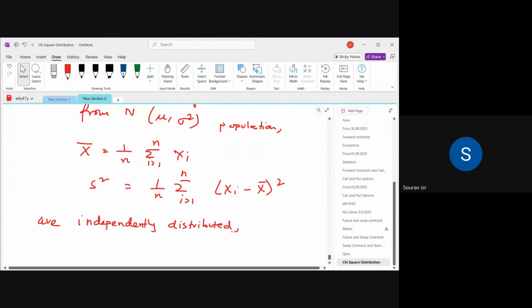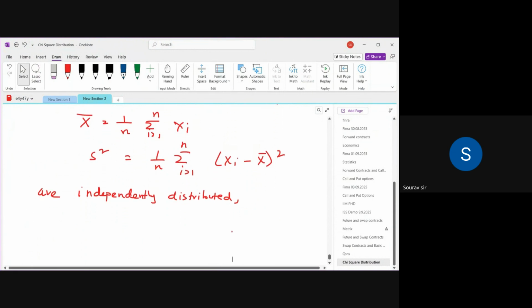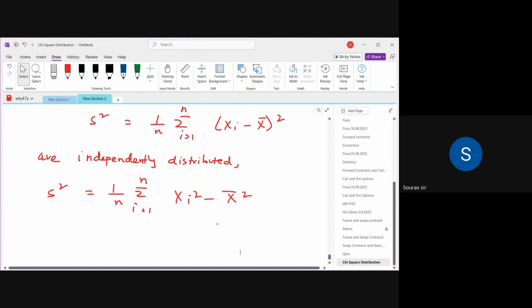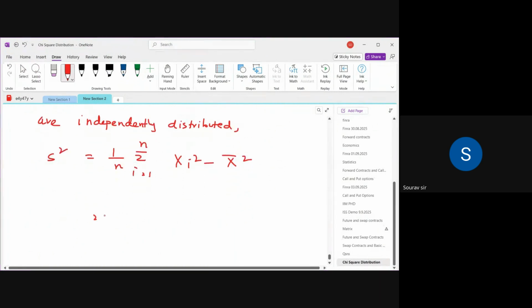Okay. So S square will be 1 by n summation of i from 1 to n xi square minus X bar square. That is equal to A by n minus X bar square. So that is 1 by n, A minus n X bar square.